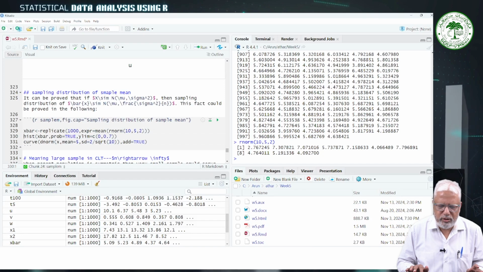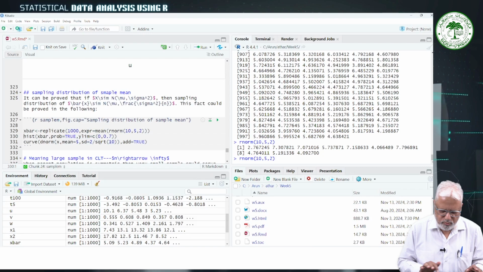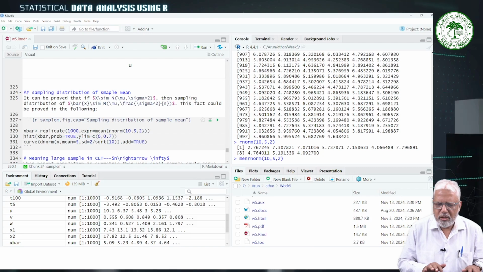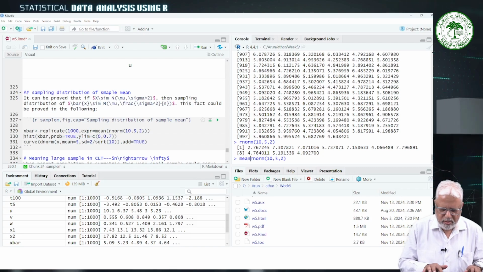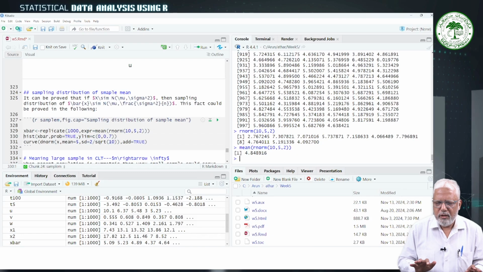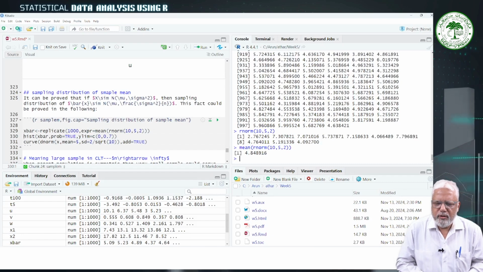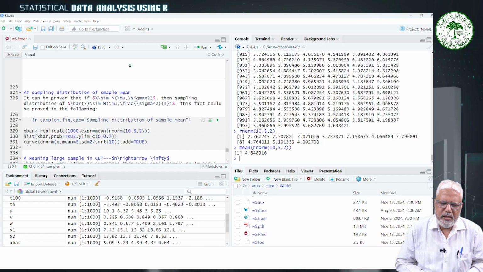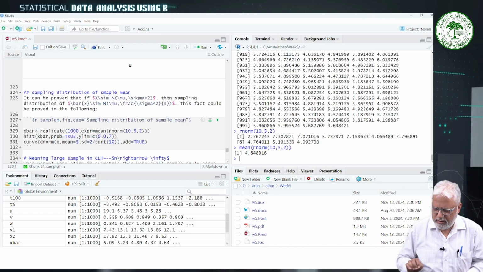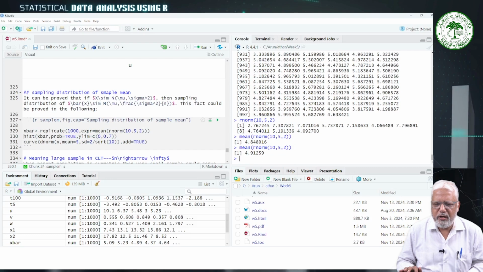And then what we are doing? We are computing its mean. So, the mean of this expression is 4.848. If we run this again, it will have a different mean.